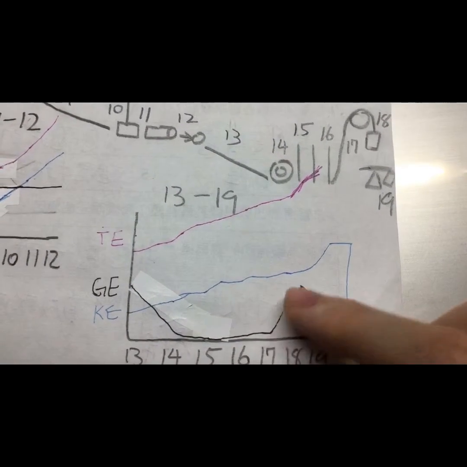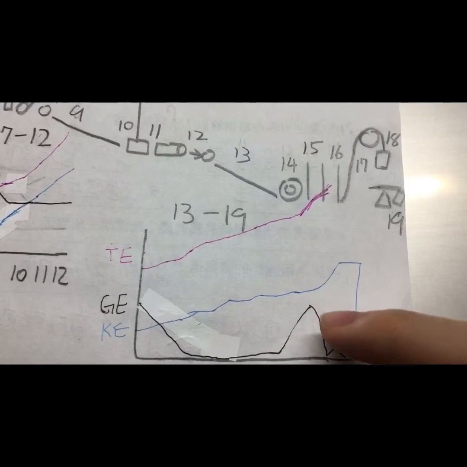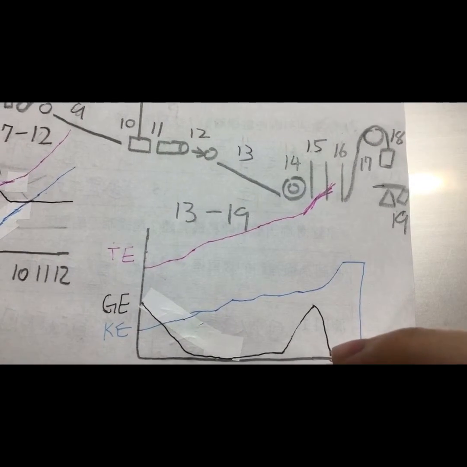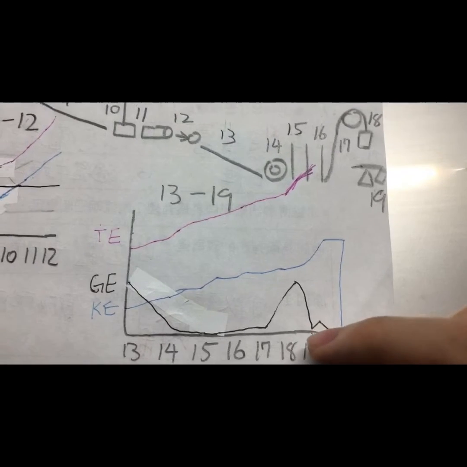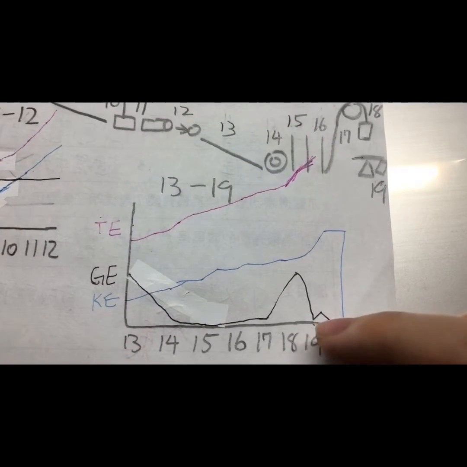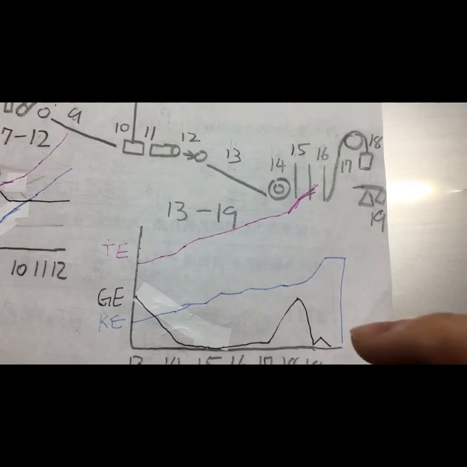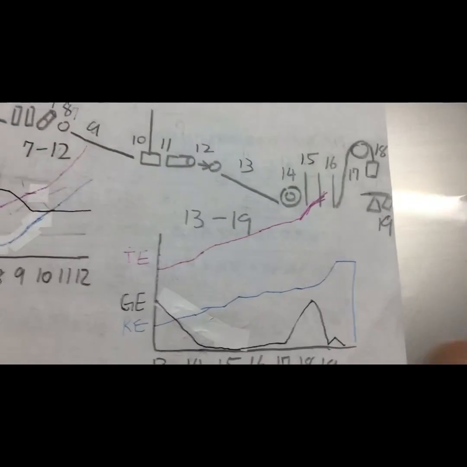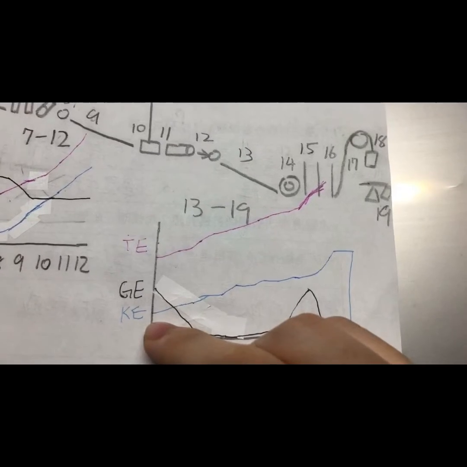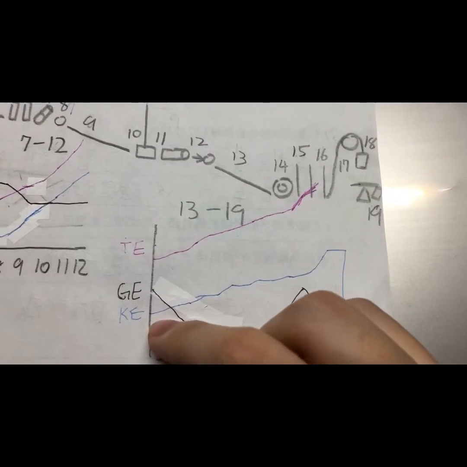And the pulley part, it increases again, and it decreases when it hits the lever, and it goes up a little bit when the other end of the lever tilts up, and it falls again. So for the kinetic energy, it goes down.